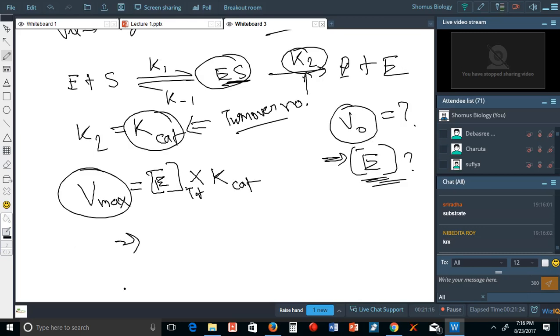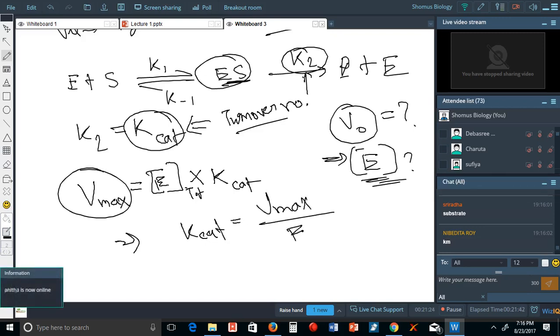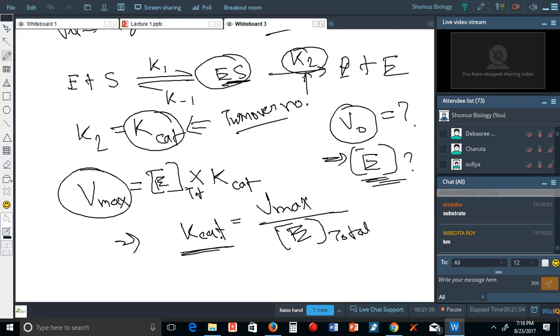Now if we want the formula of turnover number, Kcat equals Vmax divided by total enzyme concentration. That will be the calculation for turnover number. So Kcat, or turnover number, equals Vmax by total enzyme concentration, right? What is its unit?